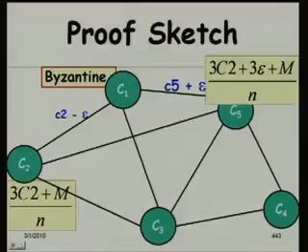So, it will become 3 C2 plus M by n, and this will become 3 C2 plus epsilon plus M by n. Is that okay? Because the time value transmitted from here is C2, and this has got the time value transmitted from C5, which is C2 minus epsilon.